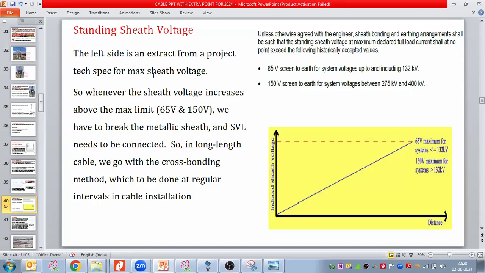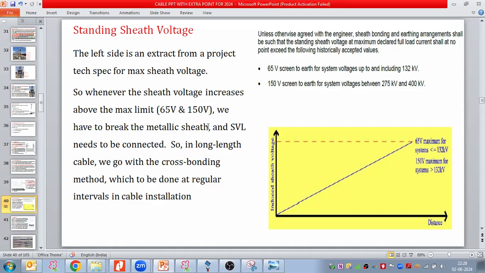The left side is an extract from the project technical specification for maximum sheath voltage. Whenever the sheath voltage increases above the maximum limit, which is the 65 volt limit, we have to break the metallic sheath.